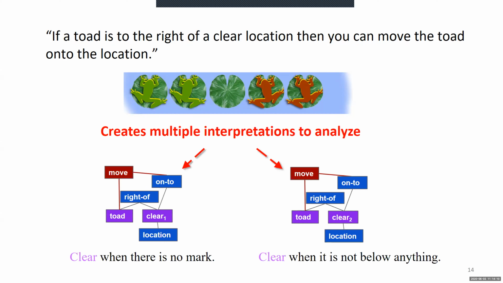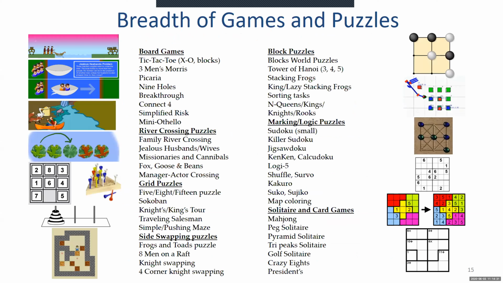So what we do is we will create multiple interpretations if we have multiple definitions for concepts. And then we can do some analysis and even some possible further interaction to clarify which is the correct version, whether it's clear where there is no mark on the location or clear where it's not below anything. So we're able to learn a large number of games over a lot of different types.